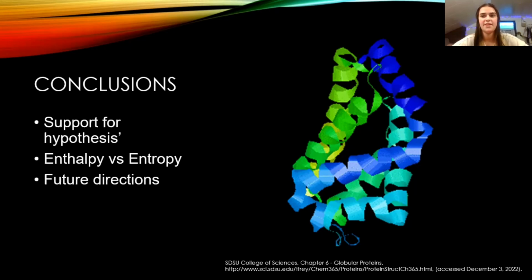Enthalpy is responsible for keeping the native protein folded. The unfolded protein will have more possible conformations, which would increase the entropy. Therefore, entropy would favor the unfolded form of myoglobin. Myoglobin will remain in its folded form in the absence of denaturant because it is enthalpically favorable. During the denaturation process, bonds must be broken within the protein.